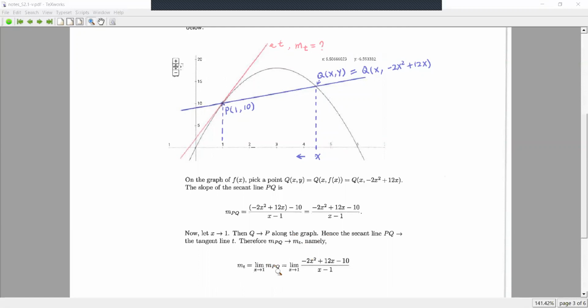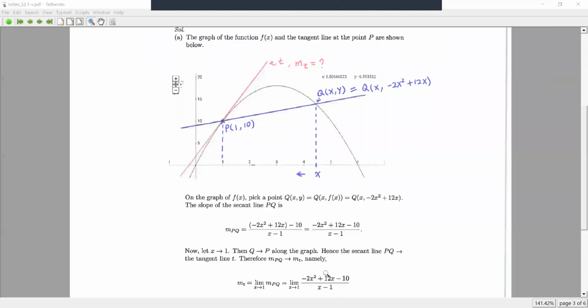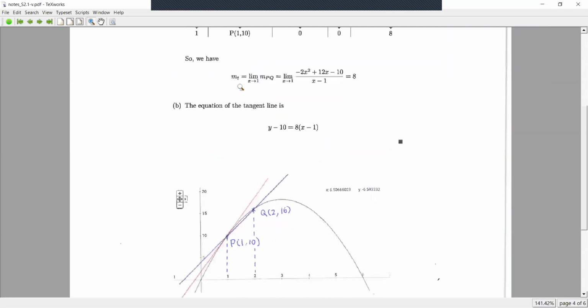The slope of the line PQ below it, it is this, okay? So I can put this here. So to find the slope of the tangent line, we just need to determine this limit. For the convenience of my presentation, let me copy this limit here.